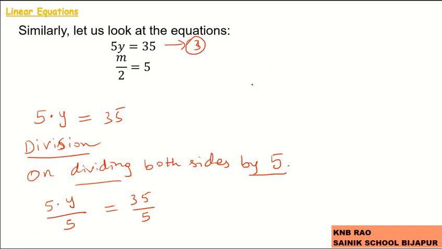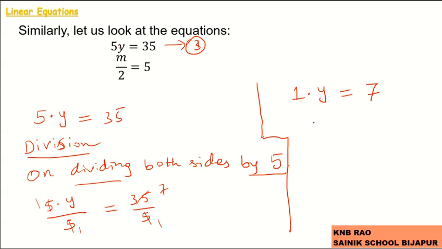Now it implies 5y by 5, this 5 ones are 5 and 5 ones are 5, so 1 by 1 is 1 only. So 1 into y equals 35 by 5, 5 sevens are 35, so it is 7.